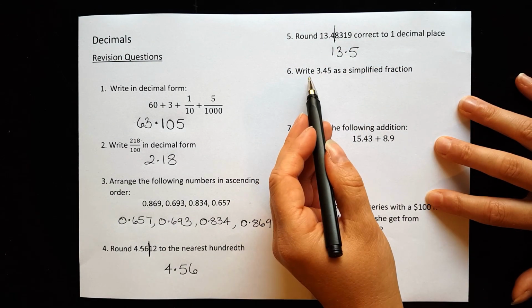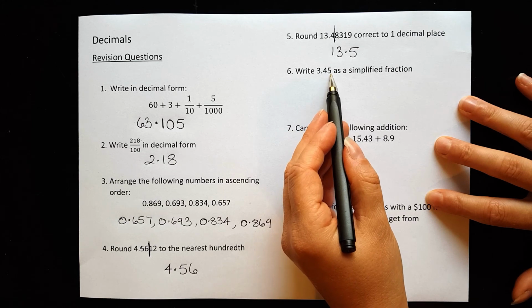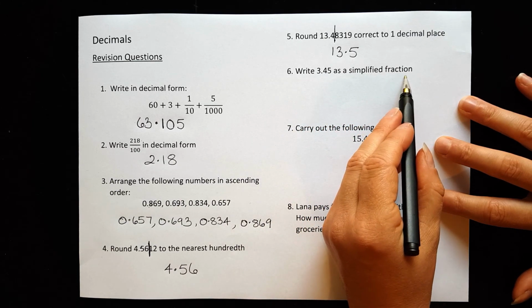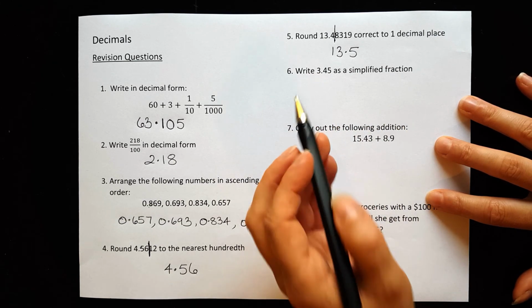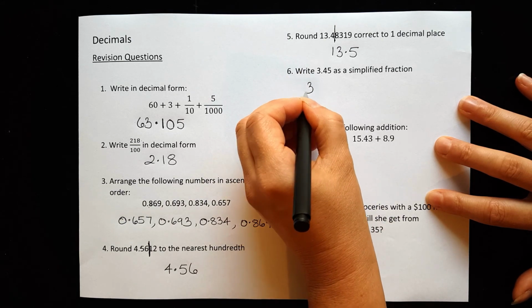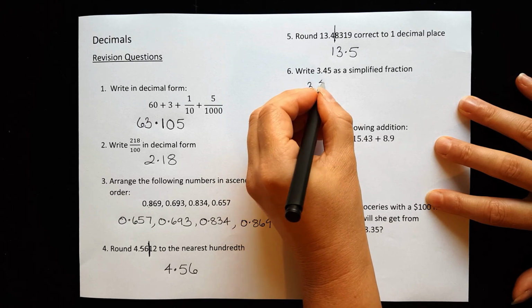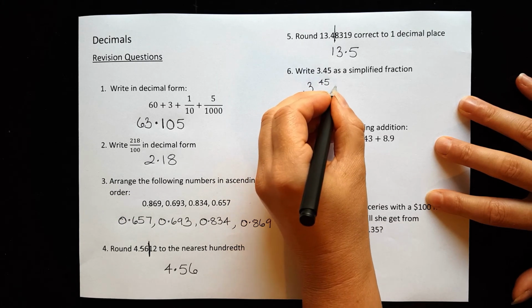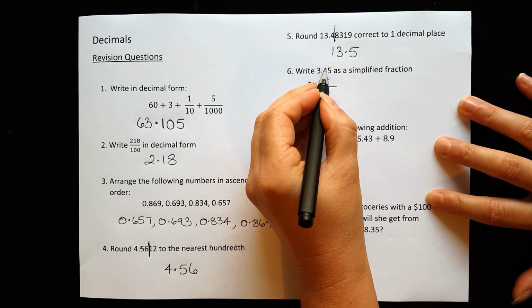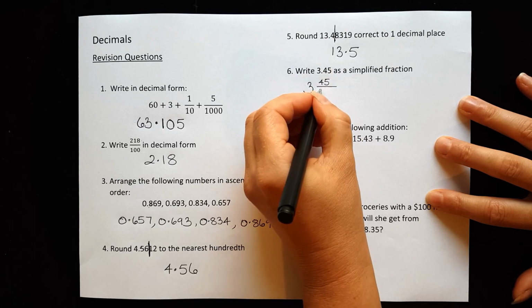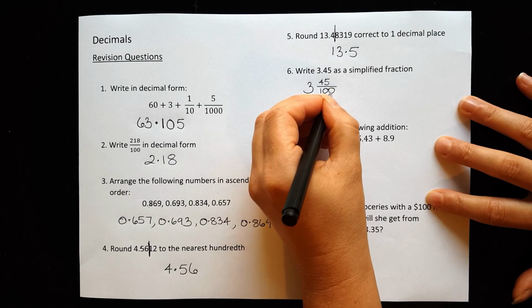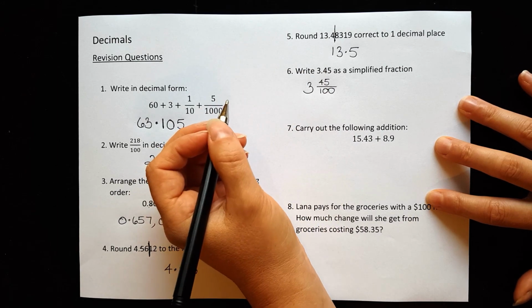Question 6, write 3.45 as a simplified fraction. The 3 is a whole number that sits out the front. The 4 and the 5 will go to the top of the fraction. And because there are 2 decimal places, I will need to put that over 100, the 2 zeros for the 2 decimal places.